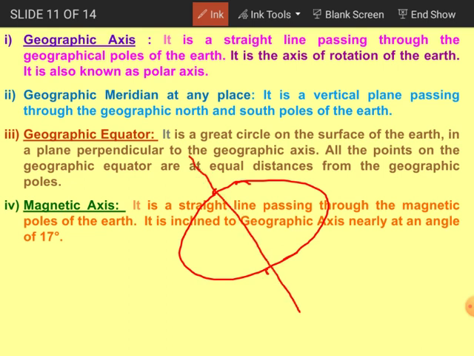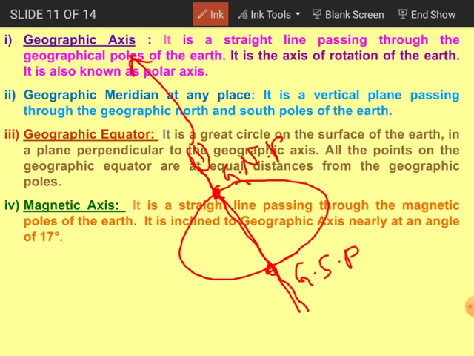This is the axis of rotation of your earth. The first one is your geographic axis. This point is the geographic north pole, and this point is the geographic south pole.